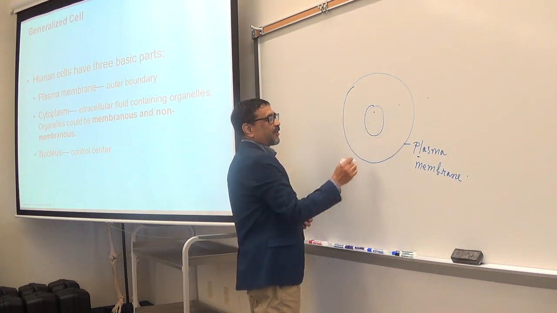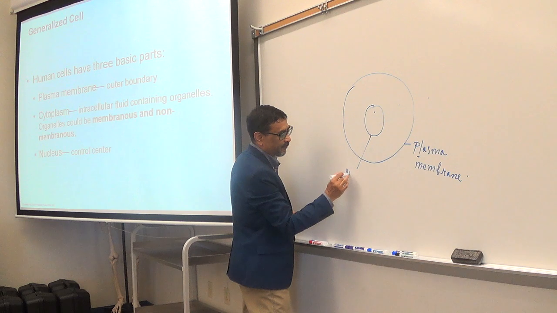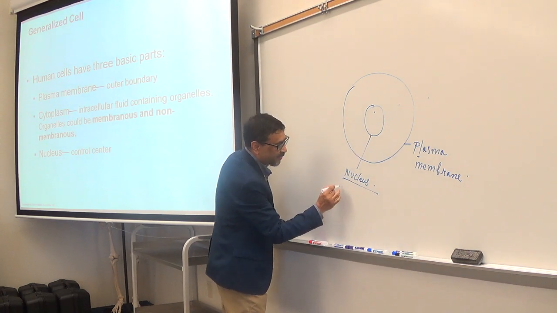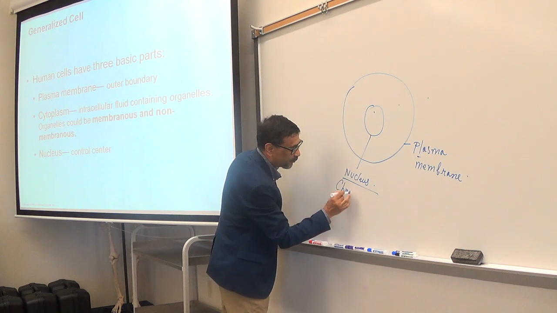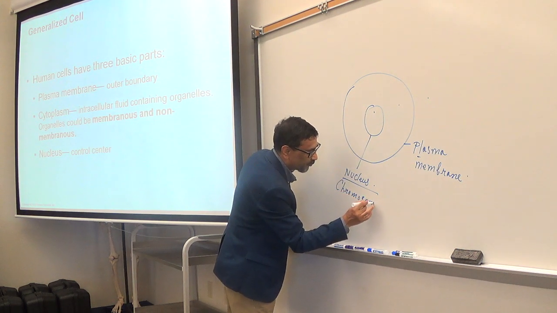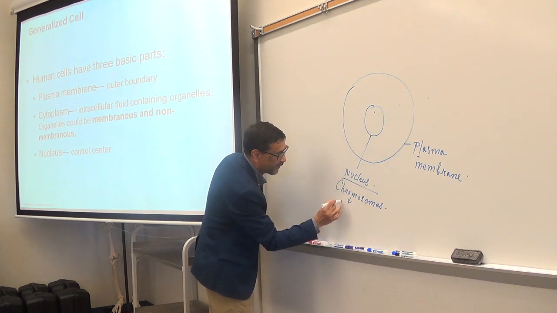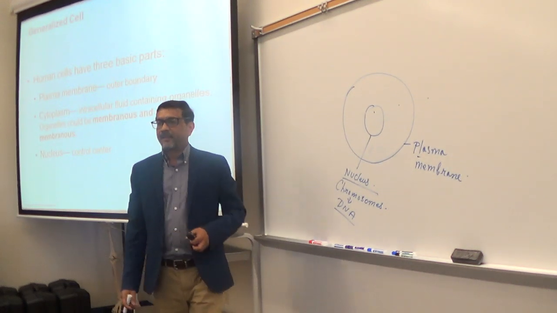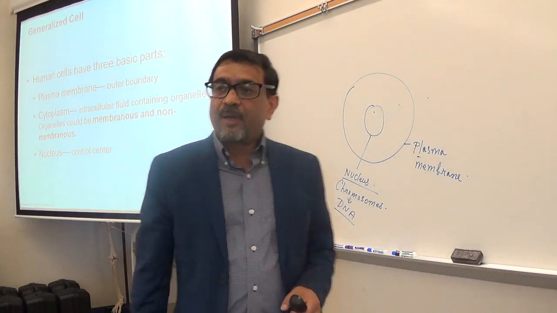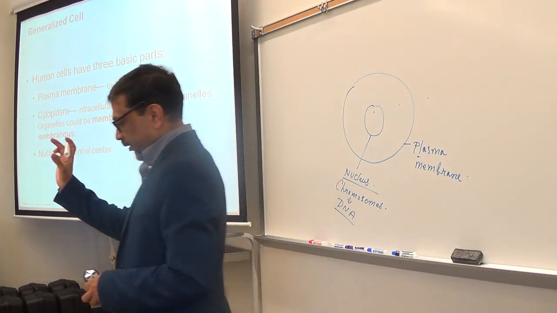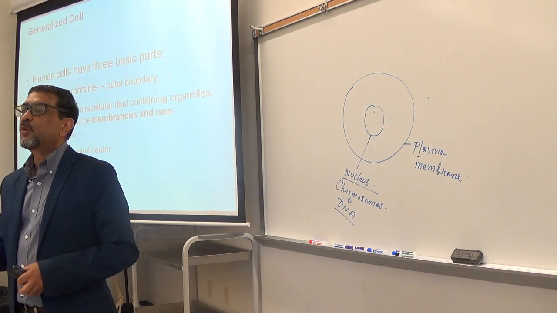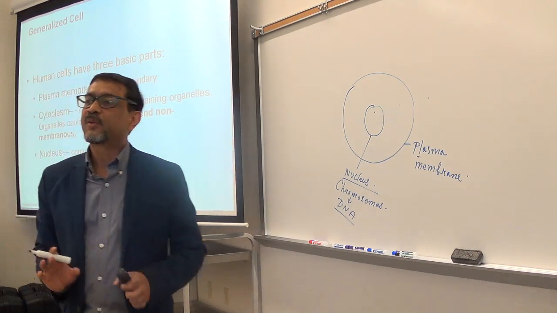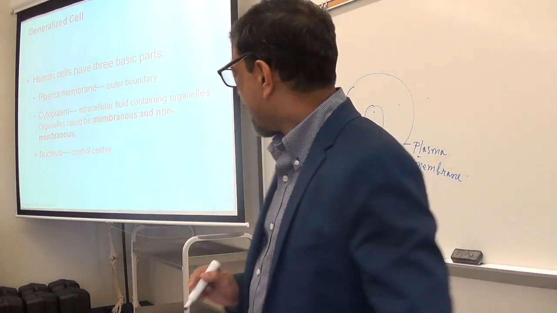In the center, you have a nucleus, which contains chromosomes, and chromosomes contain DNA. Okay. Now, in one word, nucleus is called the control center of the cell. Okay? Control center of the cell.